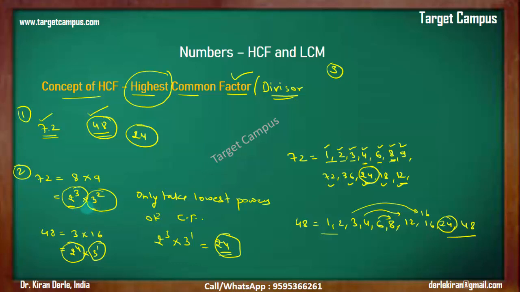In LCM, we take the highest power of common factors and the remaining uncommon factors as well. In HCF, we only take the lowest powers of common factors. If 5 would have been there, we would not consider it in HCF because it is not common between both of them.